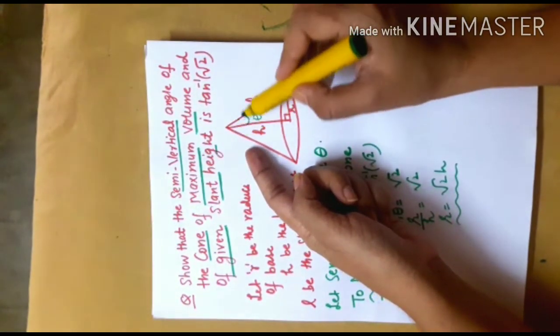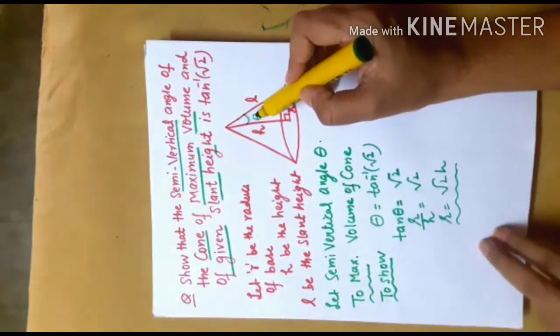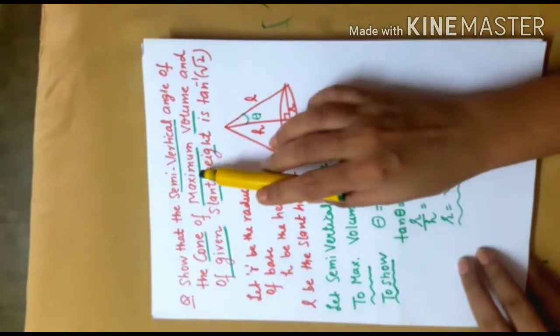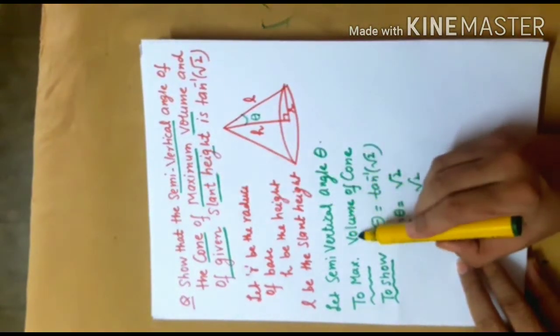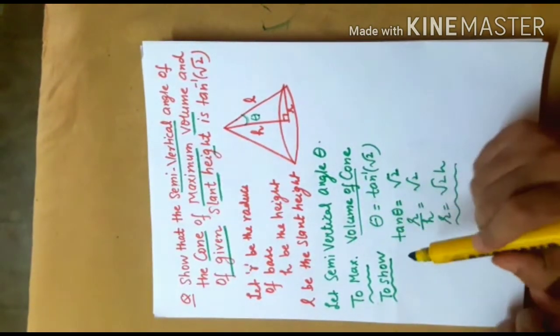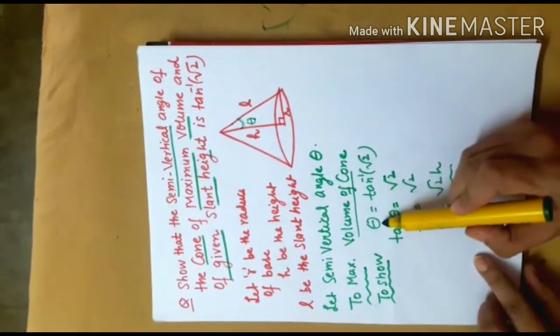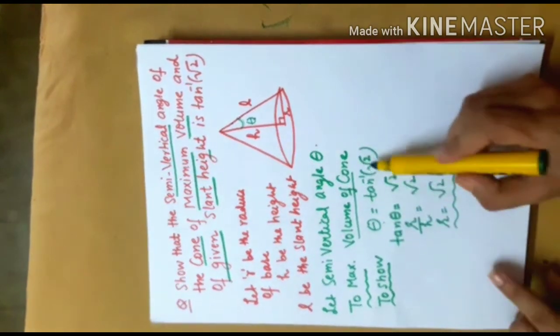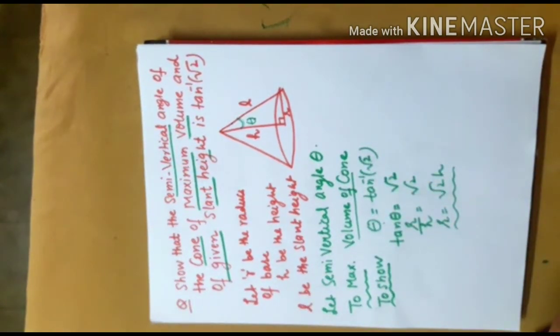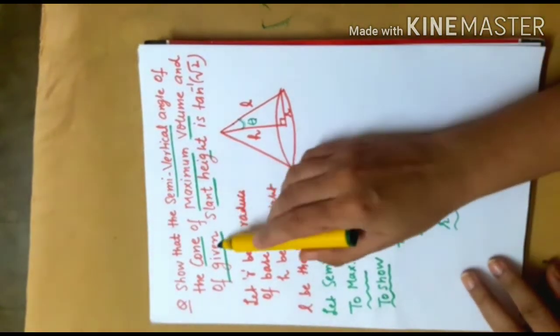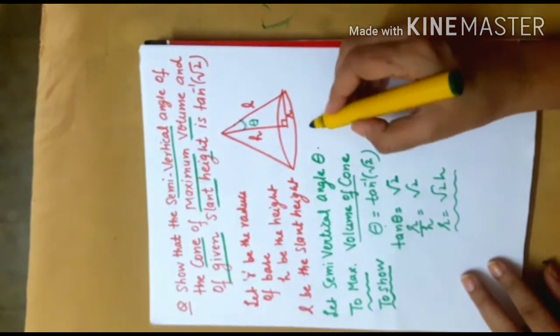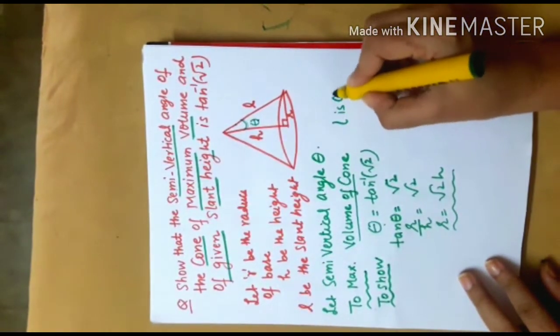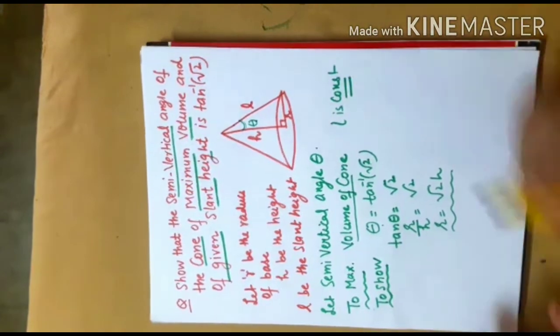Semi means half, so the semi-vertical angle is theta. We are to maximize the volume of the cone and show that theta is tan inverse root 2, and the slant height is given, so L will be constant or fixed.